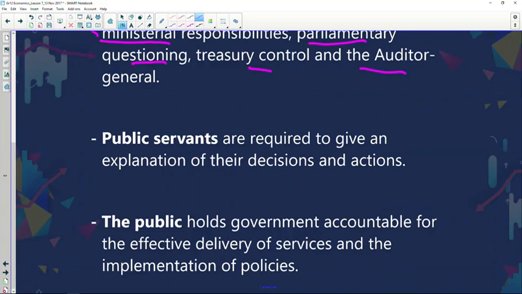You've got to know that you will be held accountable for your decisions. And sometimes you would be required to explain why you had taken some of the decisions that you would take in your career. So the public holds government accountable for the effective delivery of services and the implementation of policies.